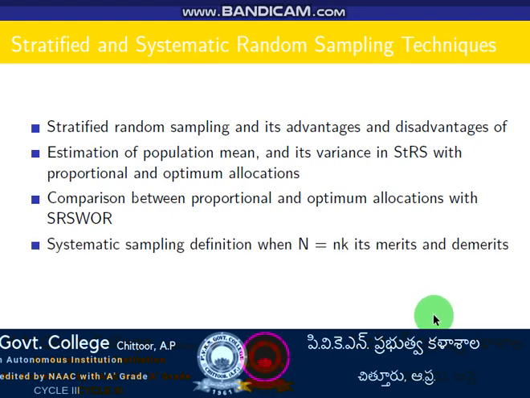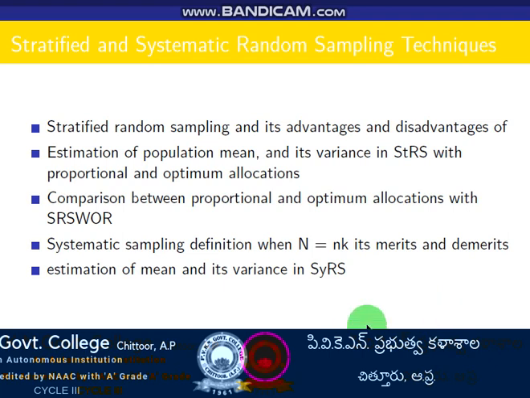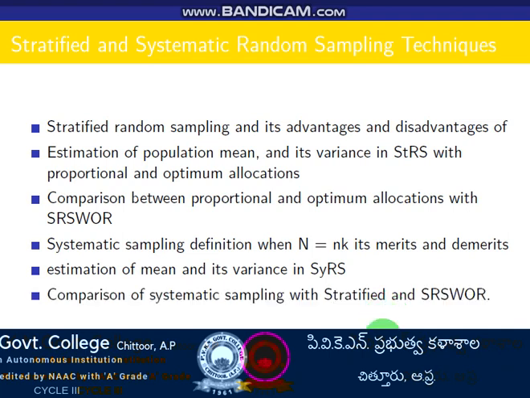Next, systematic random sampling technique definition, merits and demerits, estimation of sample mean and its variance in systematic random sampling technique. Comparison of variances of systematic random sampling technique with stratified and simple random sampling techniques.